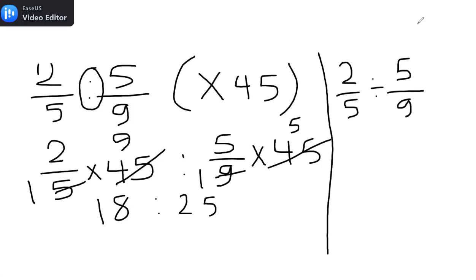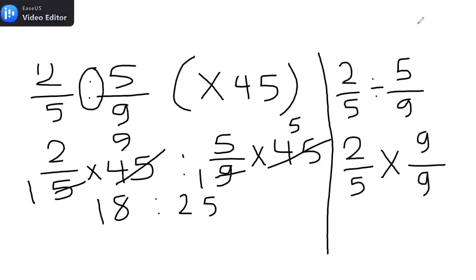And we talked before about the rule of keep, exchange, flip. Keep the first fraction as it is.